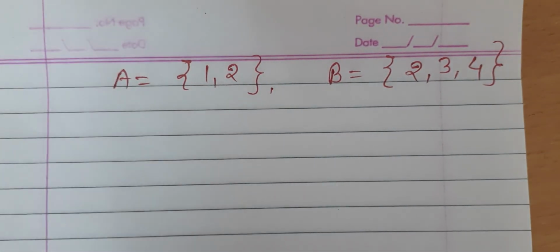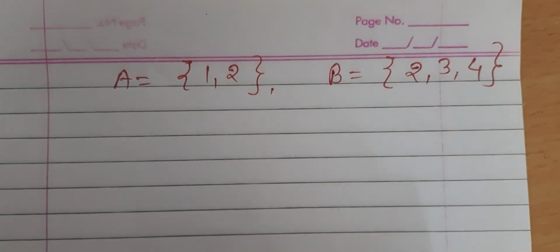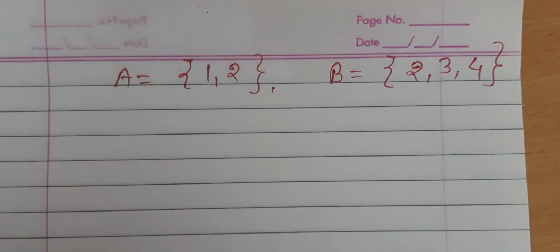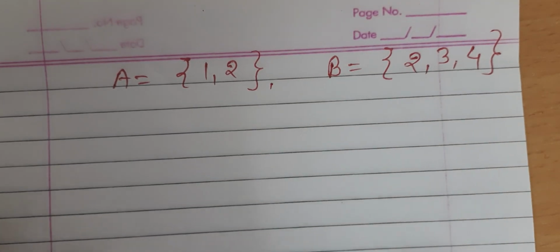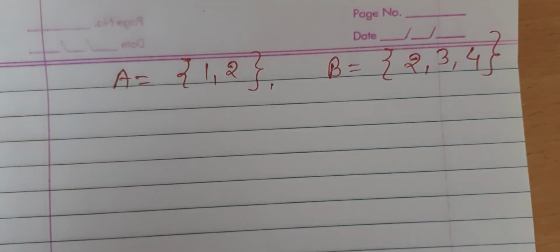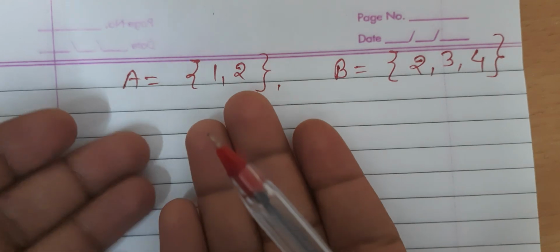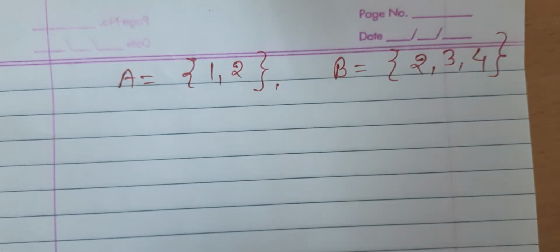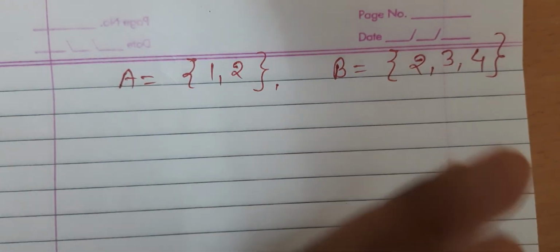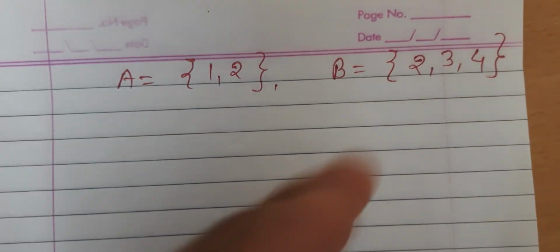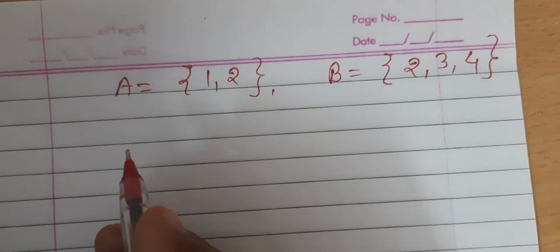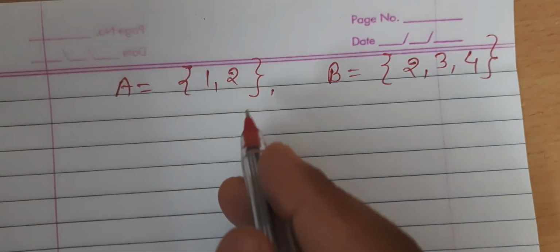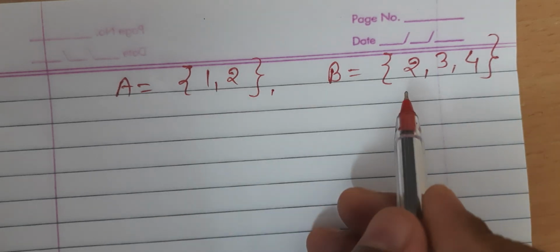The meaning of relation in maths is the same as it is in English. Relation means how one term is related with the other one. So here we will define how one element of set A is related to another element of set B, how they are related with each other.